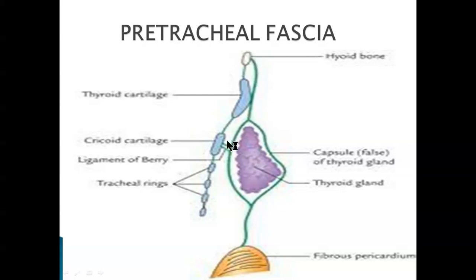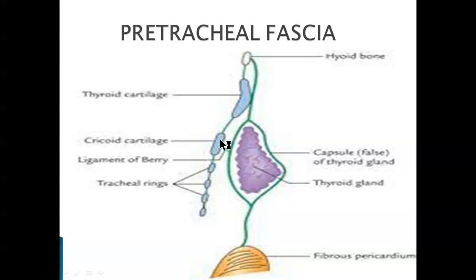All right. Another important point: what is the ligament of Berry? The ligament of Berry is the attachment of the posterior part of your pretracheal fascia, which connects your pretracheal fascia posteriorly with the cricoid cartilage. All right, so this is very important.